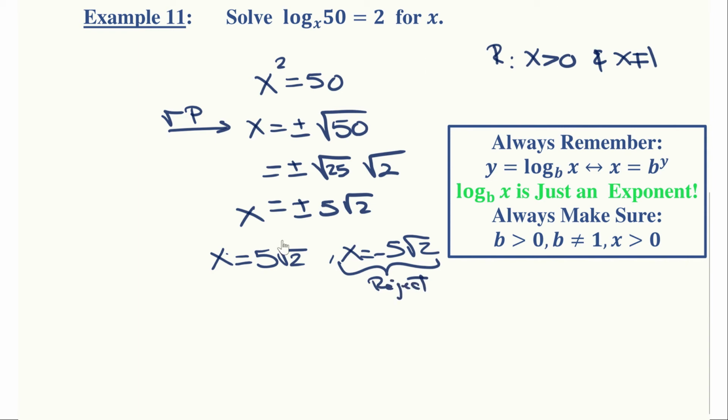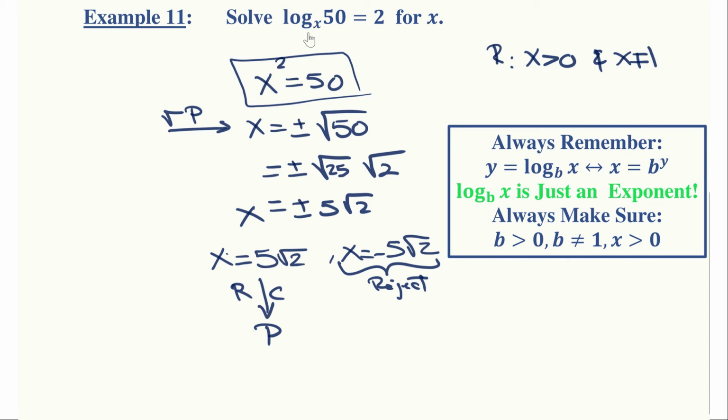So this one we reject. In other words, this one fails the restriction check because it's not positive. This one is positive and it's not equal to 1, so this one passes the restriction check. So be very careful. If this were just an equation in itself that we were solving, we would have accepted both of those solutions.